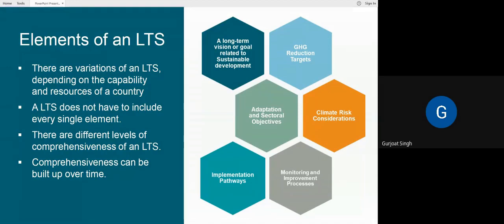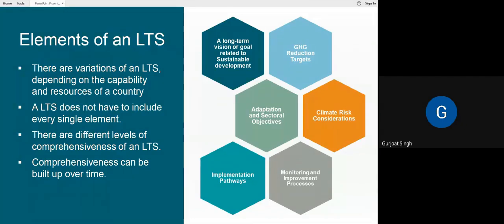In addition to that, we have developed and institutionalized an MRV system to track the emissions and to track the NDC implementation and achievement, which is now firmly established in the regulatory agency, the Environmental Management Authority in Trinidad and Tobago. We are now amending the relevant legal rules to make greenhouse gas reporting mandatory.